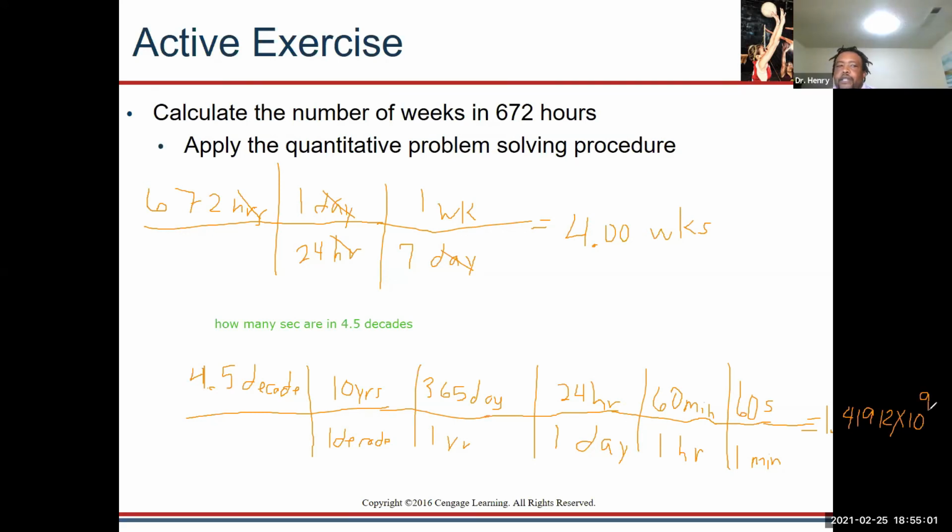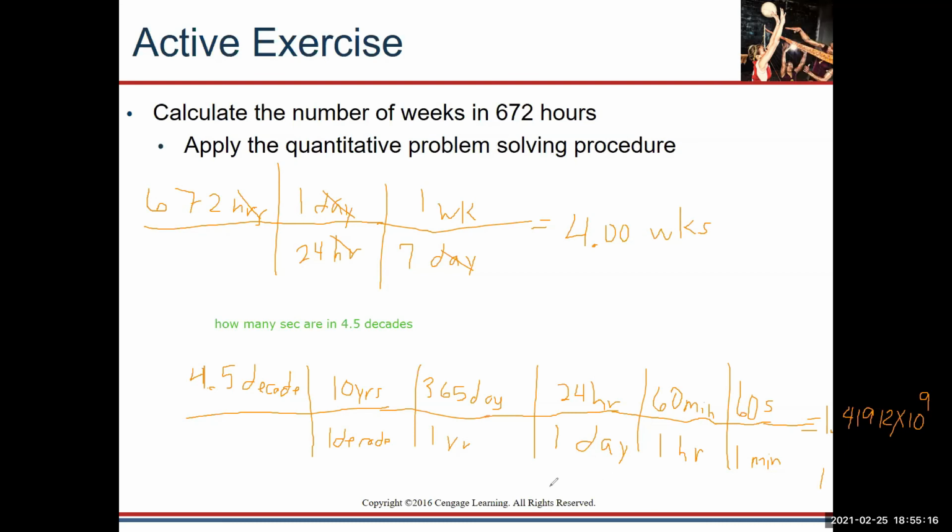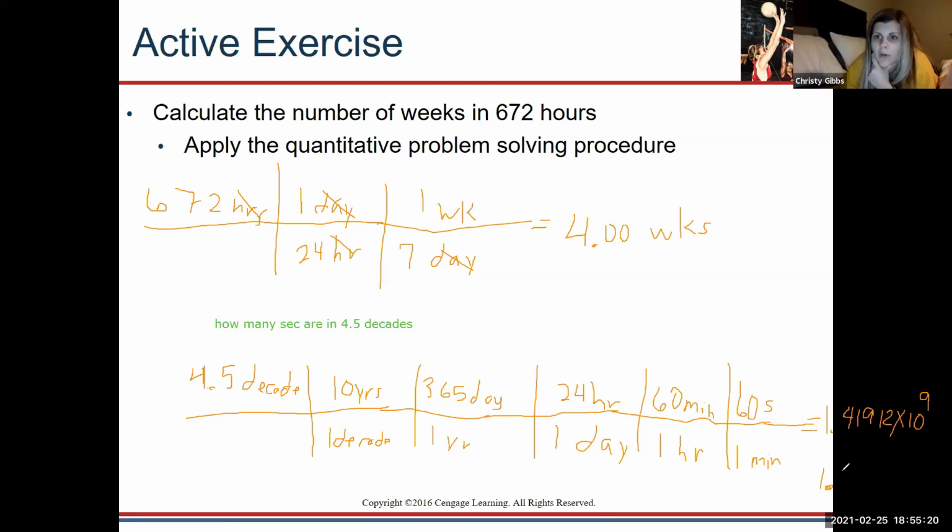That little e is the power. So 1.41912 times 10 to the 9th. That is correct. So how many sig figs should I have? One? Are you sure? Two. Why? Because of 4.5 decades. Three sig figs.